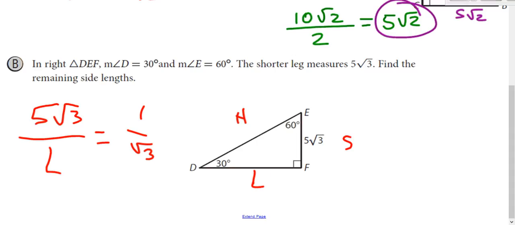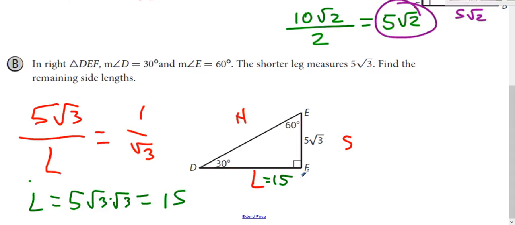So solve it out. Square root of 3 times 5 square root of 3 and L times 1. Square root of 3 times square root of 3 is just 3 times 5 is 15. So this side is 15.